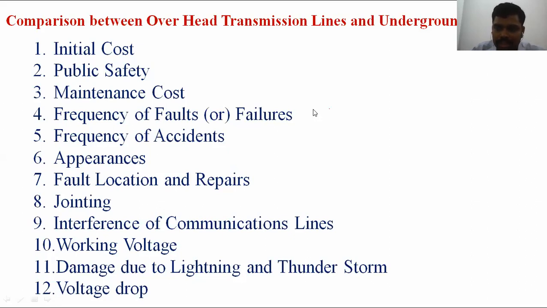What are the classifications of supply systems, that is AC as well as DC, and the comparison between overhead and underground cable. And we have discussed the advantages and disadvantages of AC transmission with respect to DC, and DC with respect to the AC system. The main topics we will discuss in the next class.